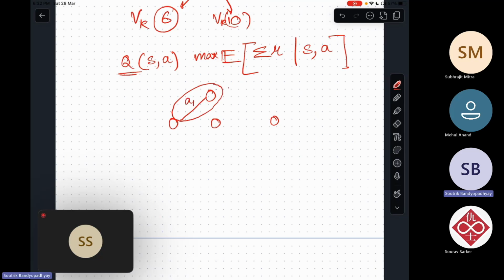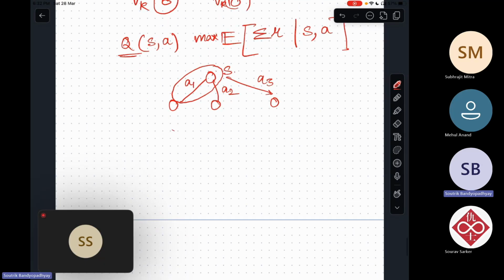So this is state and action 1, state and action 2, state and action 3. Q of S and A is nothing but the stage cost plus V of next state, without the maximum term here.